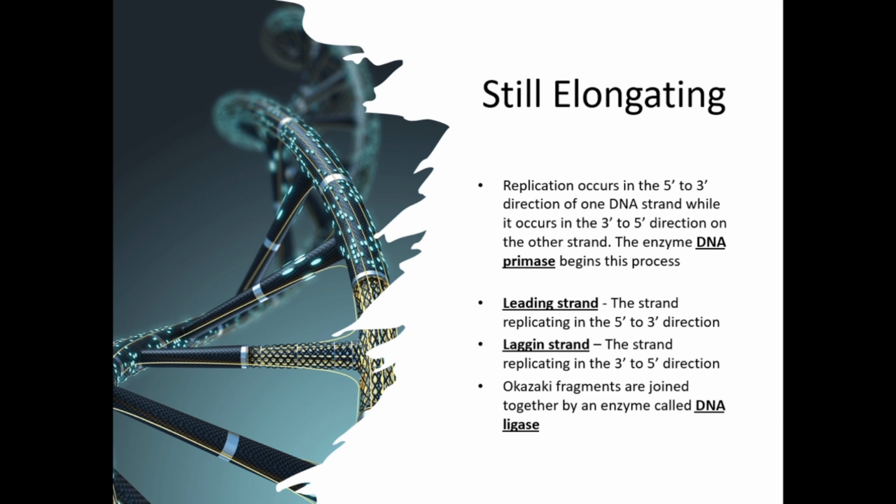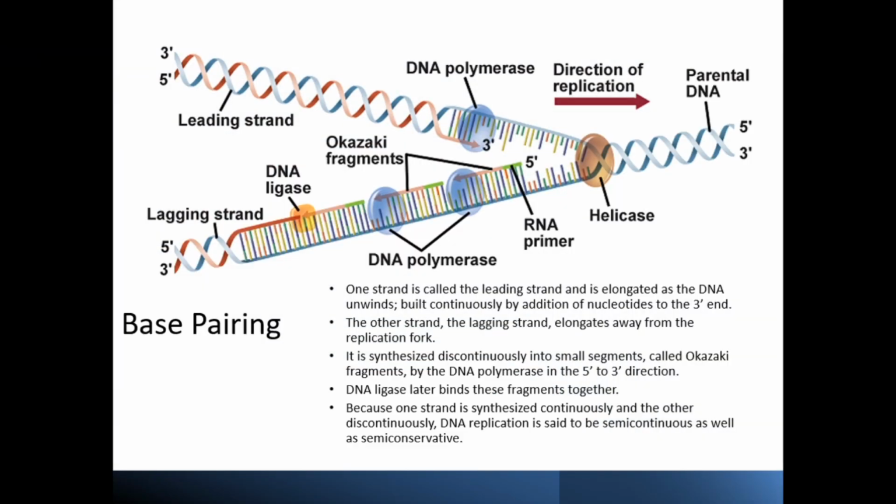Leading strand is the strand replicating in the 5' to 3' direction. Lagging strand replicates in the 3' to 5' direction. And Okazaki fragments are joined together by the enzyme DNA ligase. Here we can see the diagram of this replication fork.